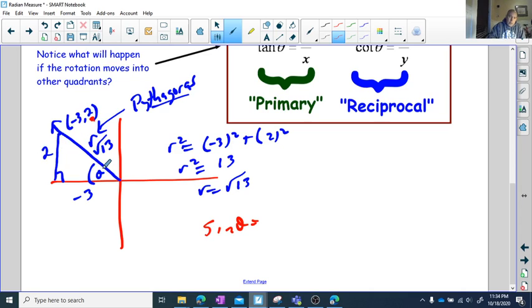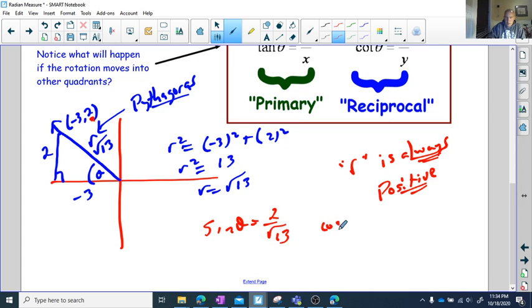Our hypotenuse, r, and this is important, is always positive. So it doesn't matter where we draw the angle, we never, ever put a negative on our hypotenuse. Depending on where we draw it, we may put negatives on our adjacent and our opposite. So if I look at my ratio, sine of theta is 2 over radical 13.